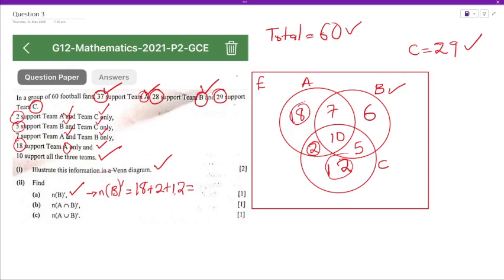What does that give us? 18 plus 2 plus 12 gives me 32. So we have 32 supporters. You can erase the circles. Go to the next one.